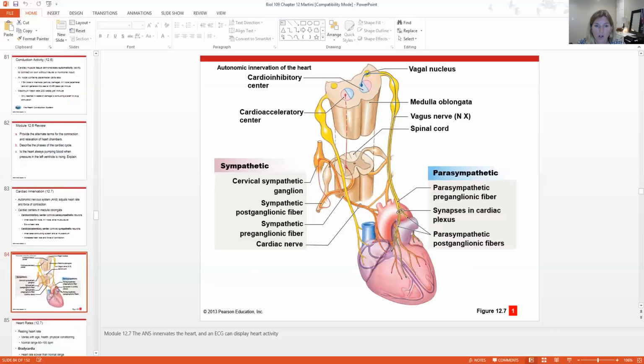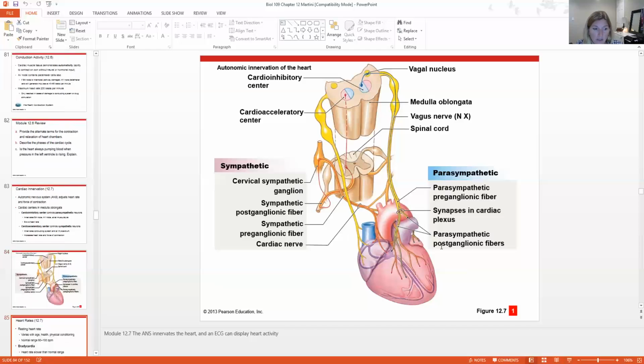So here are our 2 pathways, both located in the medulla oblongata. That's our cardioinhibitory center. The cardioacceleratory center is in our medulla oblongata as well. They're just through different pathways. And again, the parasympathetic is going to slow down our heart, keep our heart nice and slow. Sympathetic is going to increase.